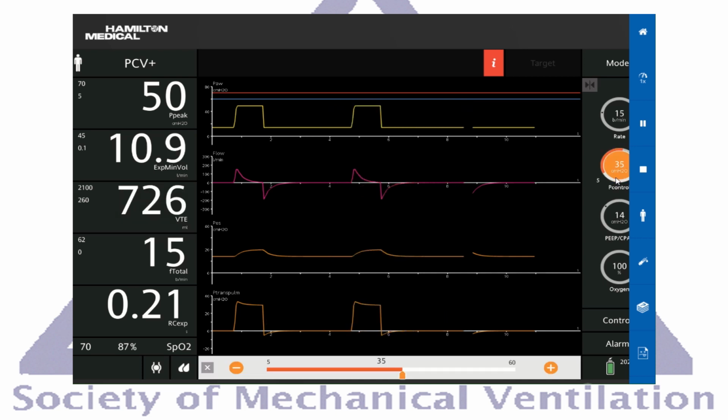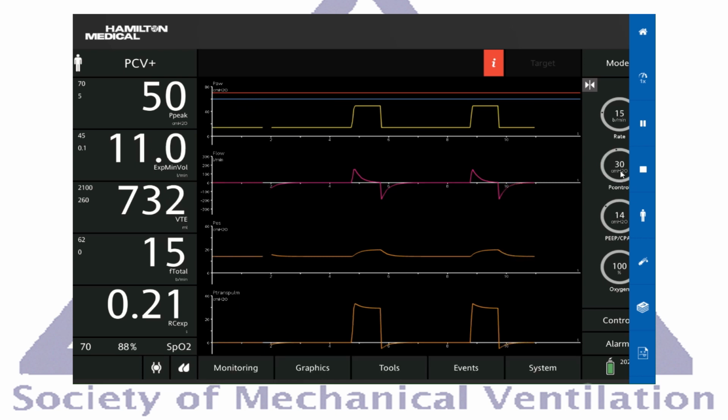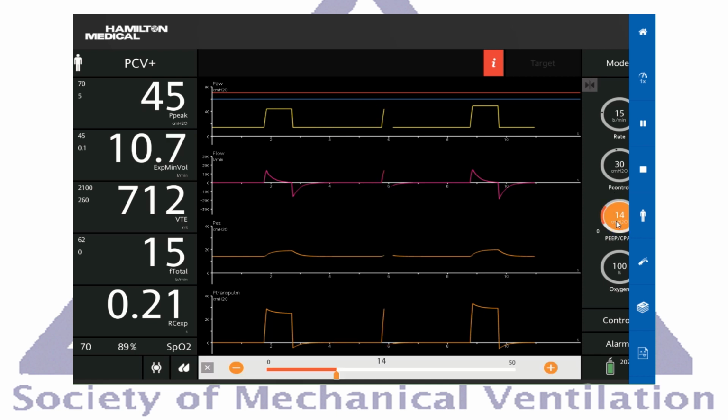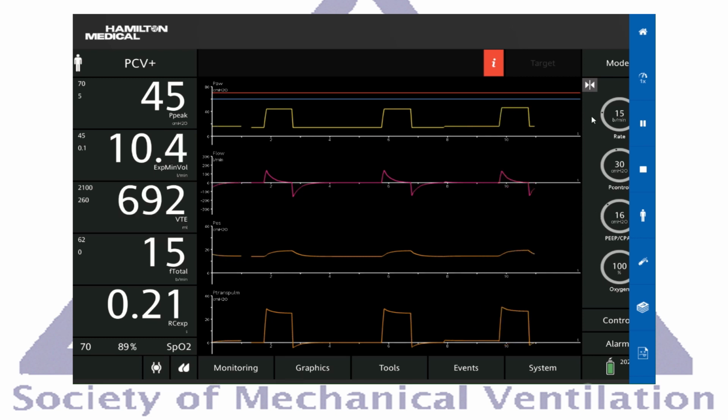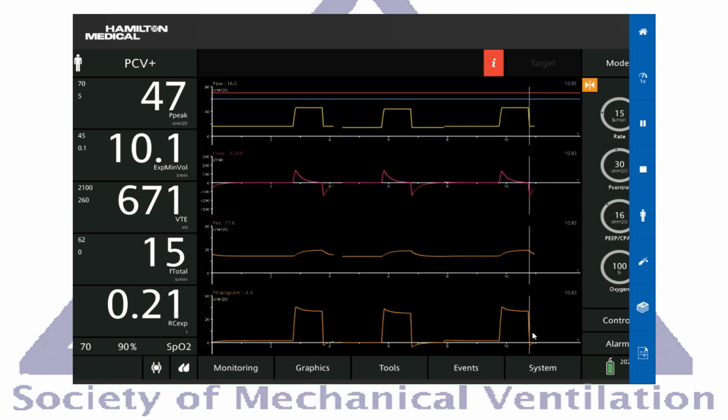So I can actually start weaning down that driving pressure to a safer pressure, of course. I'm gonna try to keep that end expiratory transpulmonary pressure at about 1 or 2. So here we're becoming about 1.7. Again, the oxygen saturation is improving.